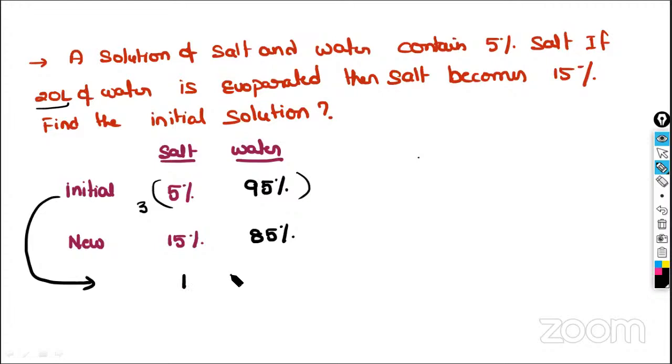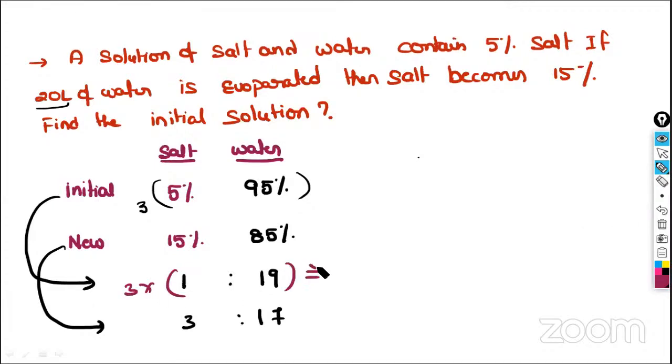So 5 ones are 5, 19 here. The new one, 5 threes are 15, and here 5 ones are 5, 17. I have to equate the salt by 3. So 3 19s are how much? 57.